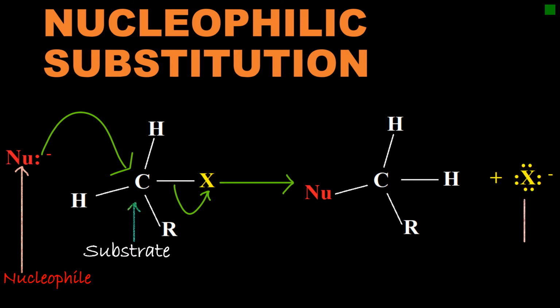And the halogen, which is going to be replaced by the nucleophile, is called a leaving group. During the nucleophilic substitution, there may be inversion of stereochemistry or retention of stereochemistry, or a mixture of both, depending on the type of mechanism.